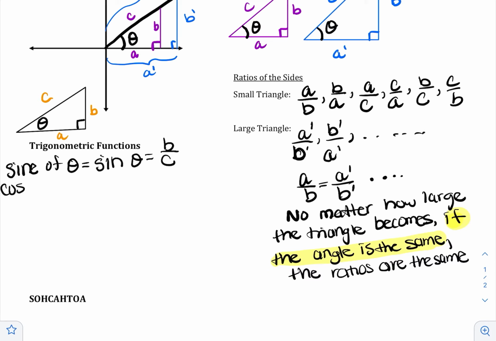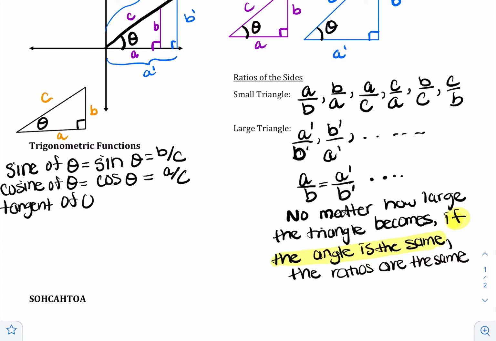Then we have the cosine of theta. We use, again, the first 3 letters, cos. And this is going to be A over C. I'm going to write it here so I have a little bit more room. Okay, then I have the tangent of theta. Again, we use the first 3 letters, T-A-N. That's going to be B over A. Then I have the cosecant of theta. Now here I run into a little bit of an issue.